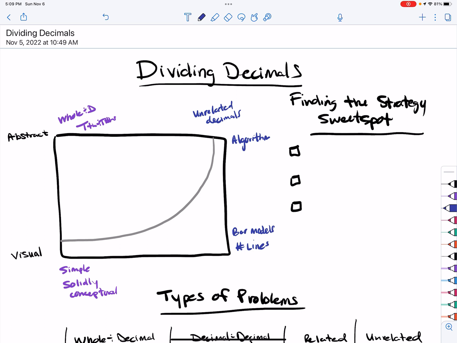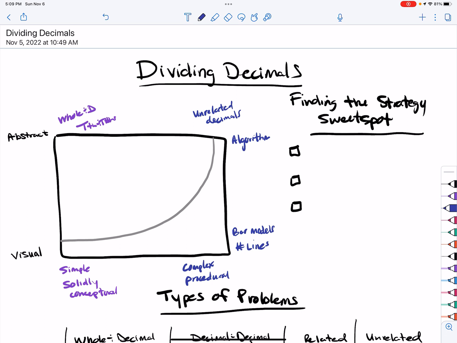And so over here on this end, this is where your strategies and your problems are going to be more complex, and these are going to be more just procedural strategies. And so you just need to know the steps, and you need to remember that. First I do this, then I do this, then I do this. And the trouble there is if you forget a step, you don't know what comes next, and so it gets a little bit difficult that way.